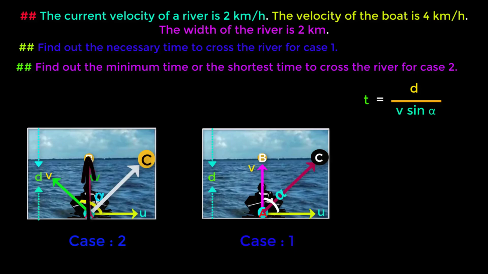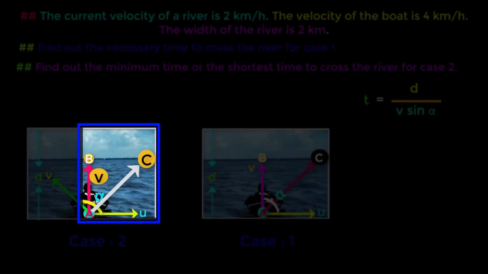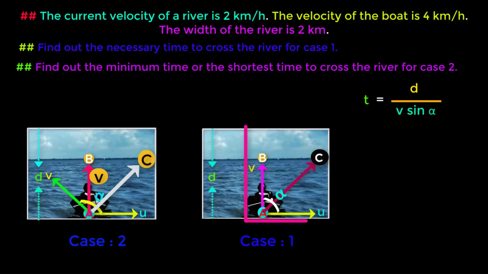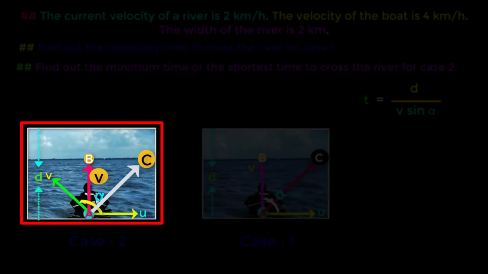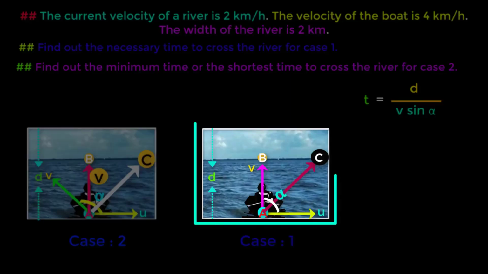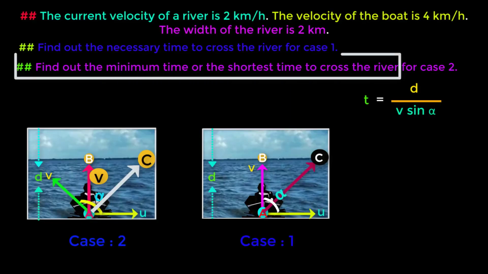For this way, the velocity of the boat will be v. This is the velocity of water current u. See, this portion of case 2 and the picture of case 1 are the same. So, avoiding this complex picture, we will use this picture to solve this math.